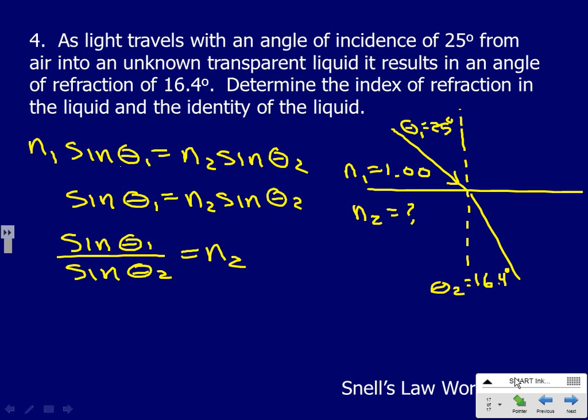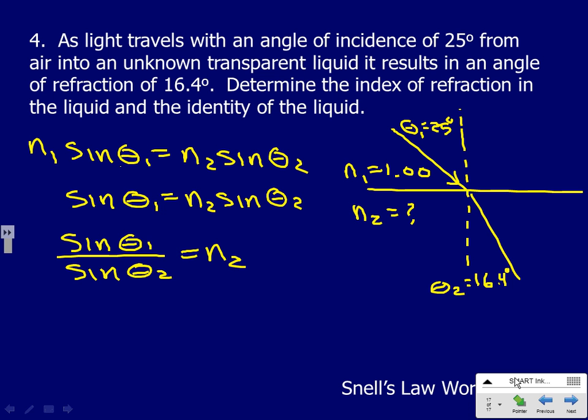All right? In your experiment that I just handed back, I had you make a graph of sine angle I versus sine angle R, which is essentially sine theta 1, the angle of incidence, over sine theta 2.